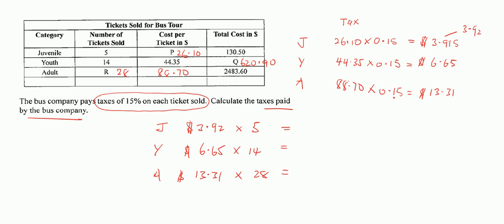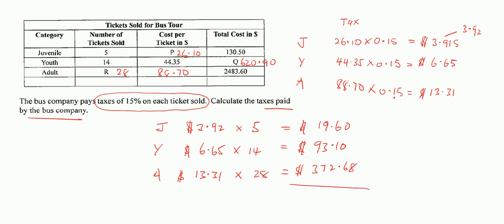For juvenile, it'll be 3.92 multiplied by 5, which gives me 19.60. For the youth, it'll be 6.65 multiplied by 14 tickets, which is $93.10. And for the adult, it'll be 13.31 multiplied by 28 tickets, which gives me $372.68.